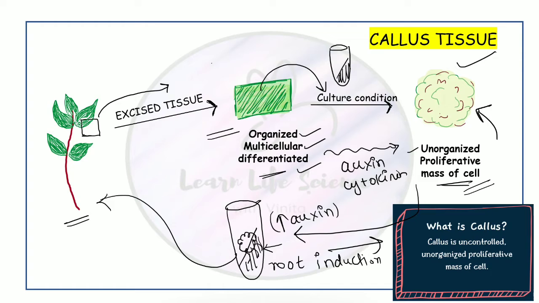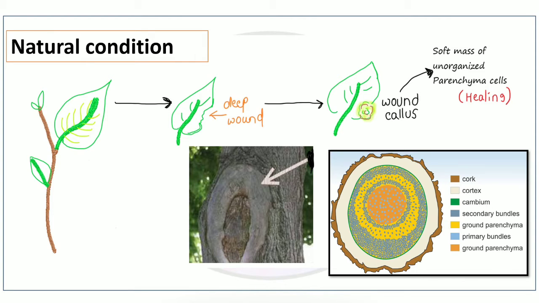Moving on next, there are certain natural conditions which also cause the formation of callus. For example, you can see a mature plant that gets certain kinds of wounds, which cause the exposure of the cells directly to the environment, right?